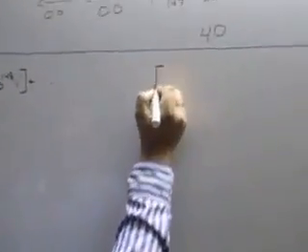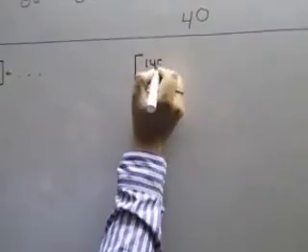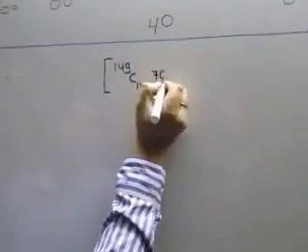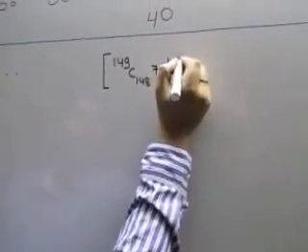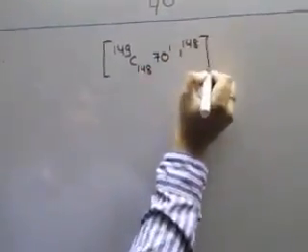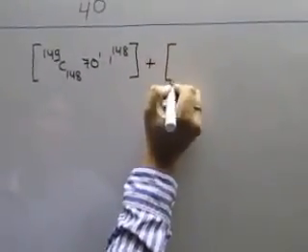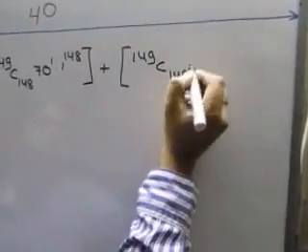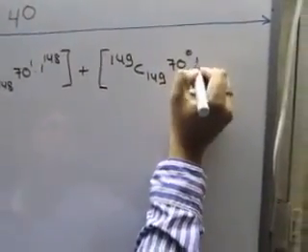The second last term is 149C148, 70 to the power 1, 1 to the power 148. And the last term is 149C149, 70 to the power 0, 1 to the power 149.